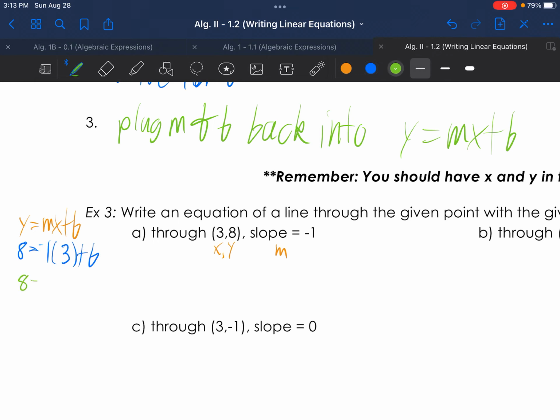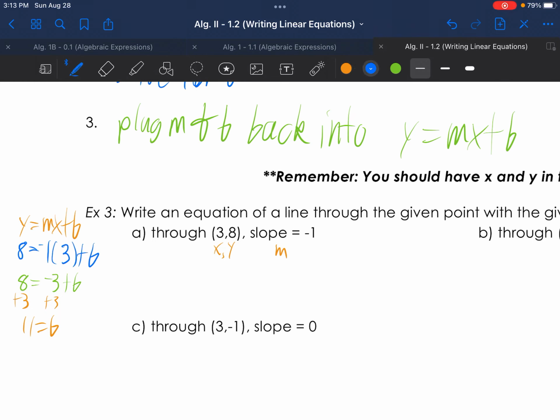So now we'll have 8 equals, and now we just simplify. So -1 times 3, -3 plus b. And continue solving for b by adding 3 to both sides. And 11 is equal to b. So now we're finally at the point where we were for other equations earlier, where we know m and b.